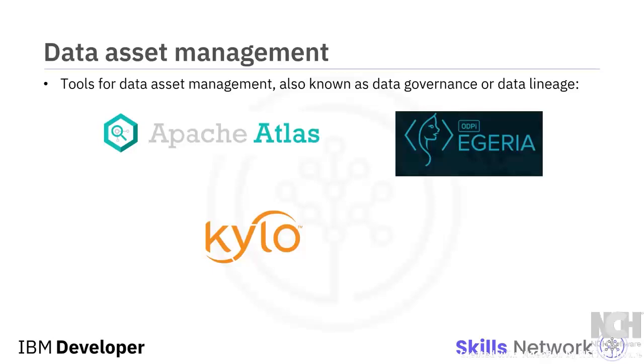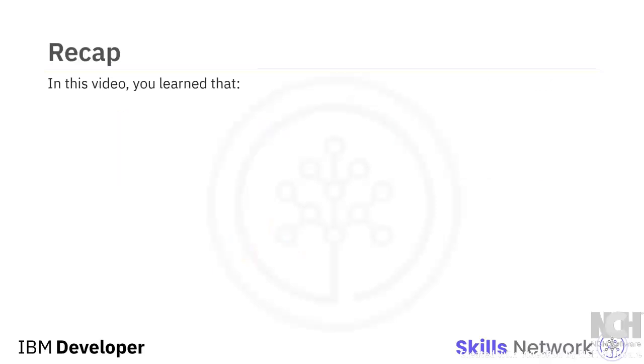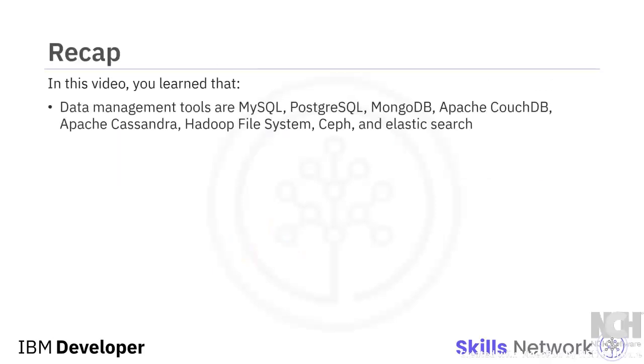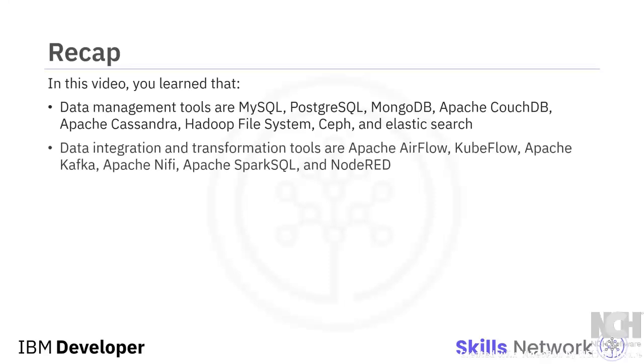In this video, you learned that data management tools are MySQL, PostgreSQL, MongoDB, Apache CouchDB, Apache Cassandra, Hadoop File System, Ceph, and Elasticsearch. Data integration and transformation tools are Apache Airflow, Kubeflow, Apache Kafka, Apache NiFi, Apache Spark SQL, and Node-RED.